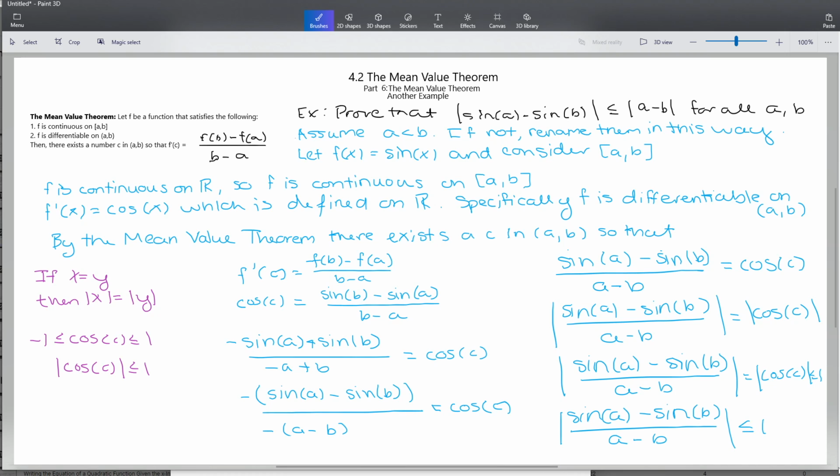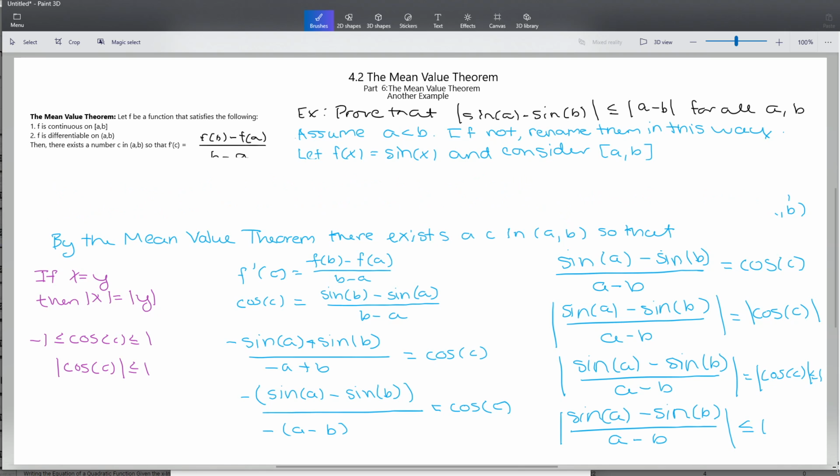Now I need to make some space for myself, so I'm going to go ahead and erase what I already have, but I'm going to copy down what that first line says.